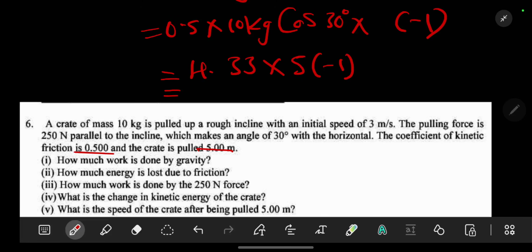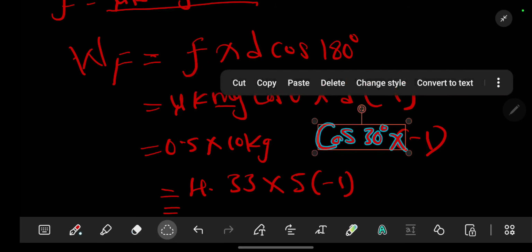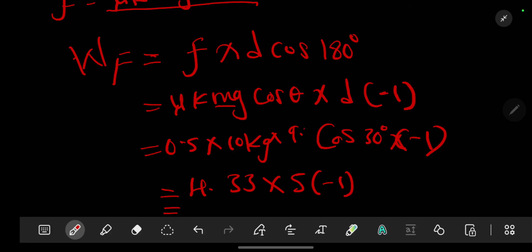Also, very important, we forgot mg, so we multiply by g, which is 9.8. So 0.5 times 10 times 9.8 is 49, times cosine of 30.